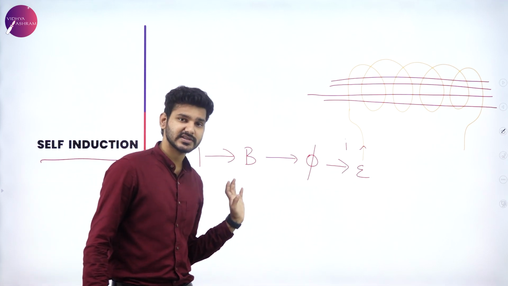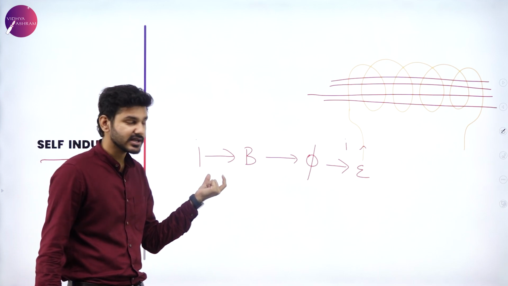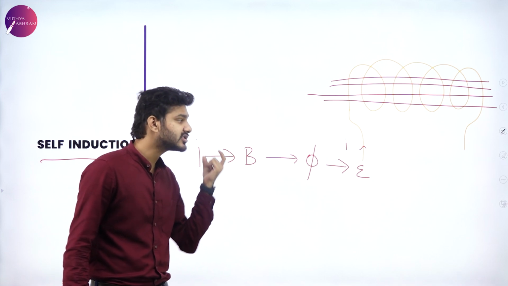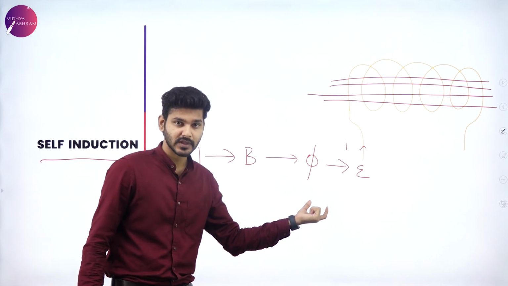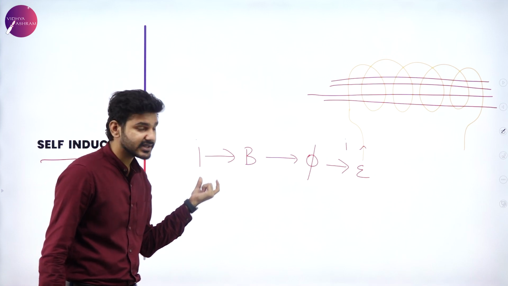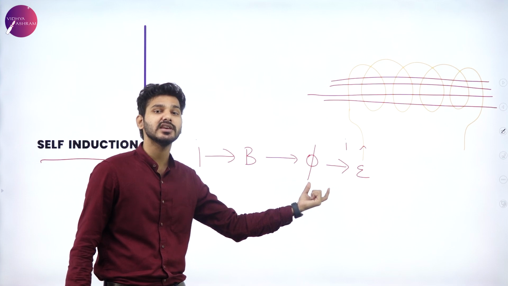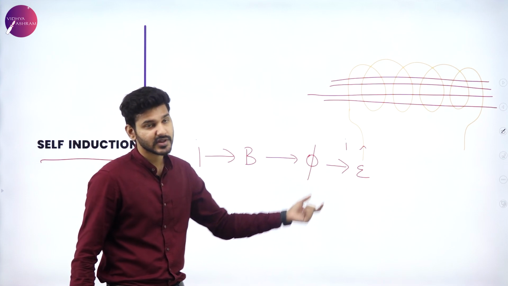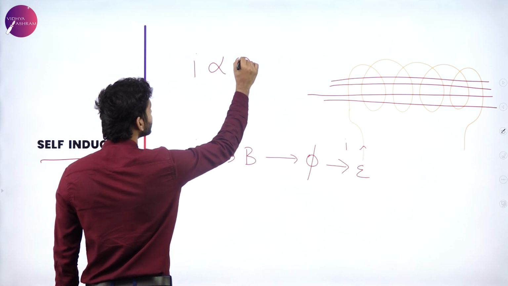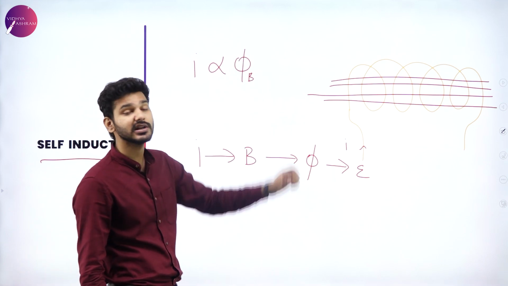But for now, just understand this much: when there is a change in current, that produces a change in magnetic field strength, which produces a change in flux. Or I can say that a change in electrical current passing through that coil is producing a change in the magnetic flux. So I can say that current is directly proportional to phi B, the magnetic flux linked with that coil.